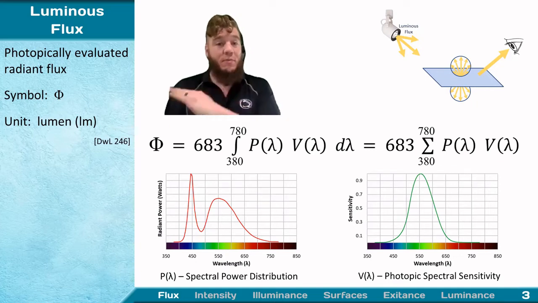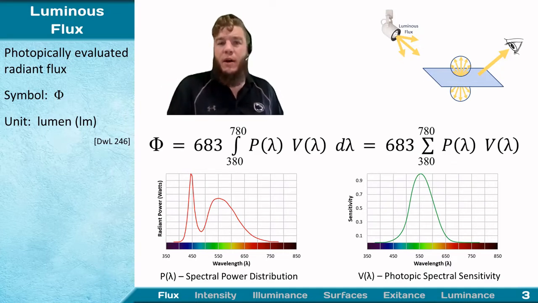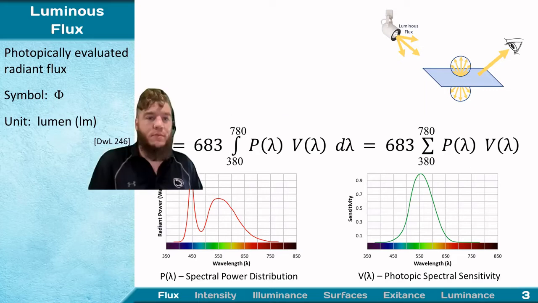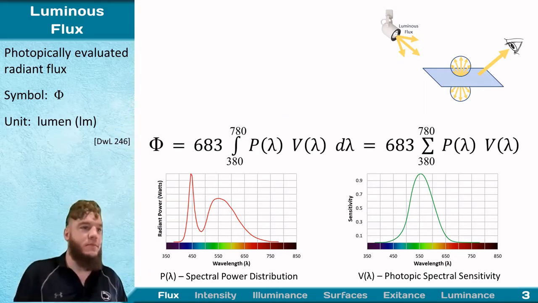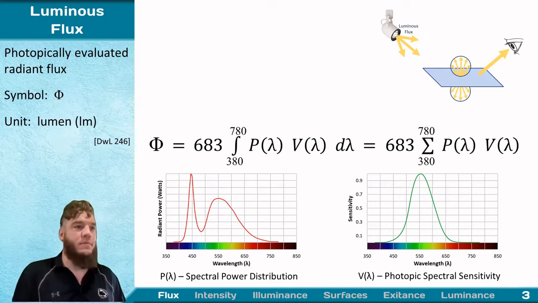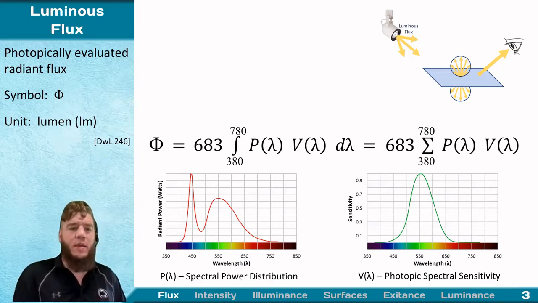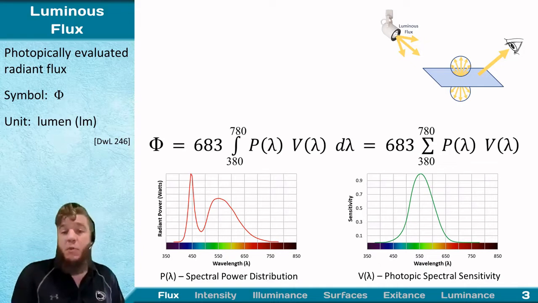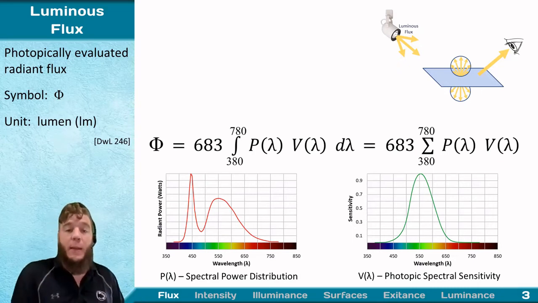So that is the phi over here on the left side of the equation, hence our symbol of phi and our unit of lumen. The last thing I want to mention in this equation is that value of 683. That's simply a scaling factor to bring the lumen in line with previous definitions of lighting power.